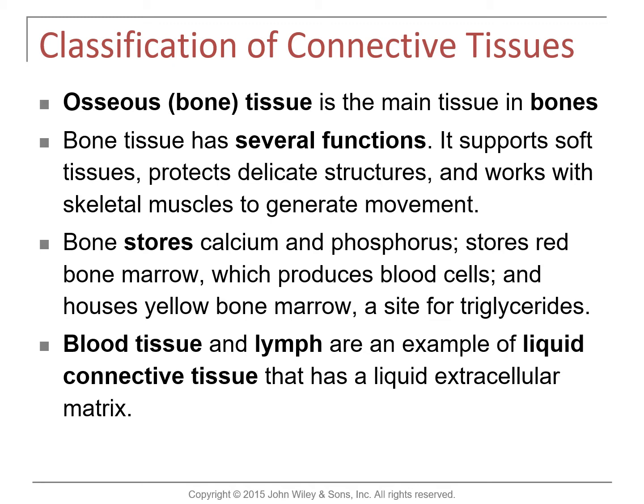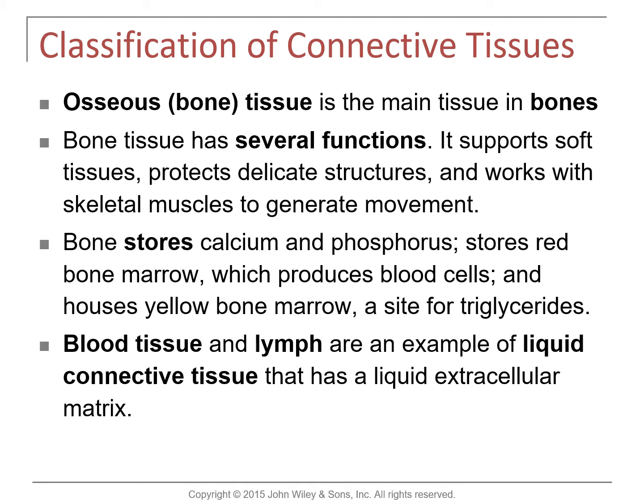Lymph is essentially filtered blood collected from the interstitial fluid, along with cell debris and potentially pathogens that pass through a network system very similar to the veins of the vascular system.